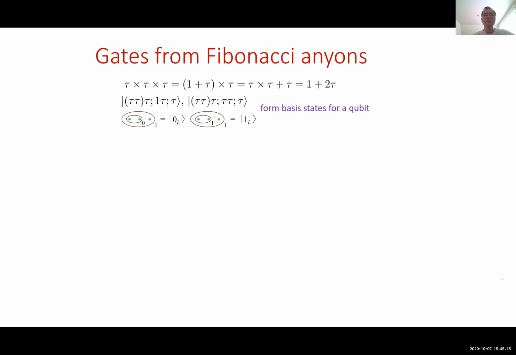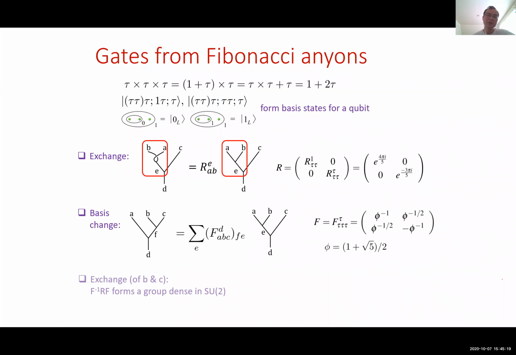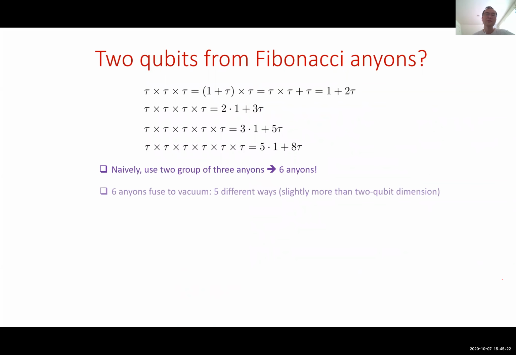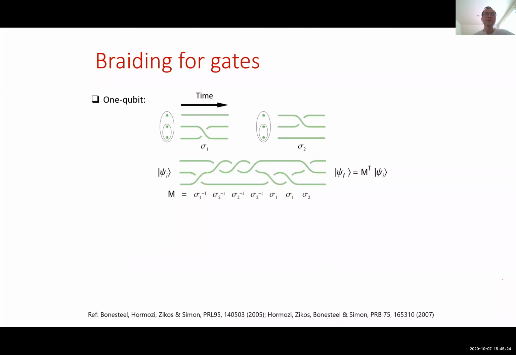Let me go to this. For example, you just have 3 anyons, and then you do some braiding that will give you some gate.